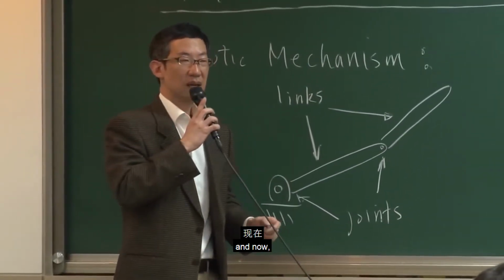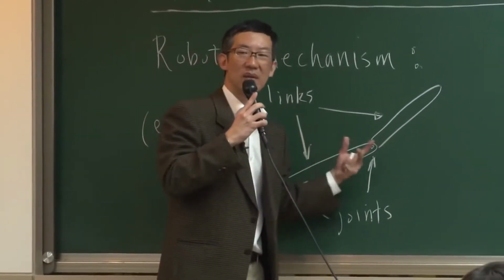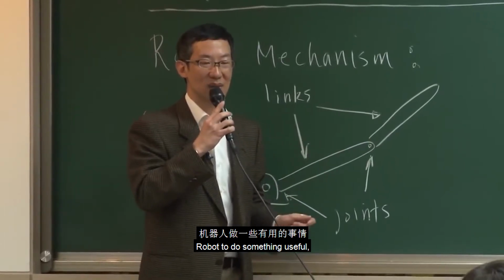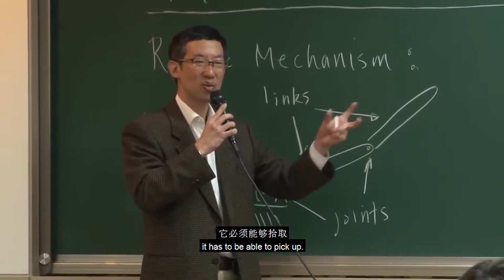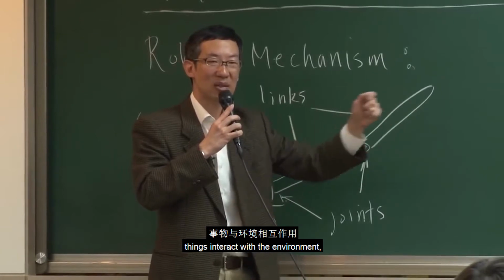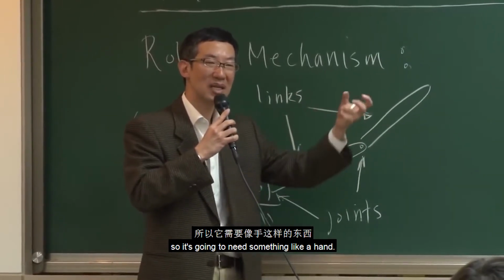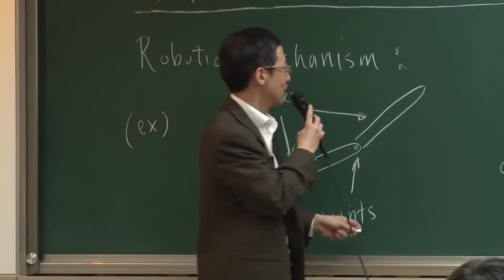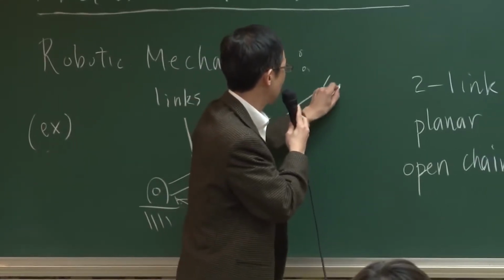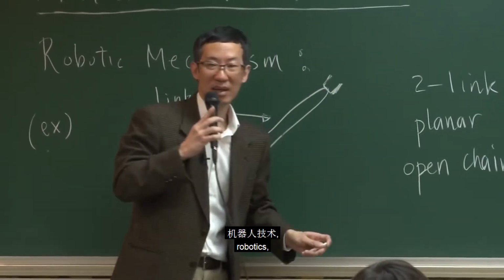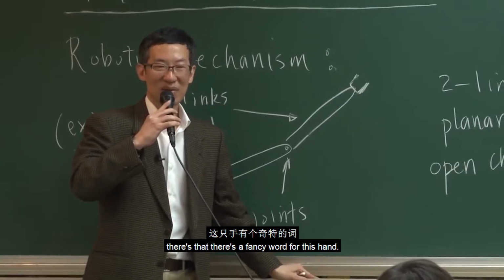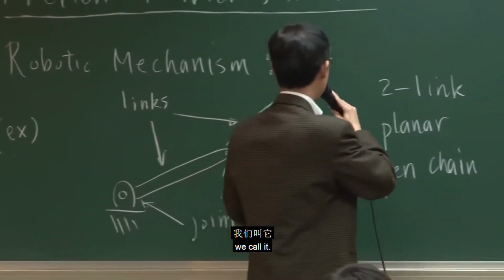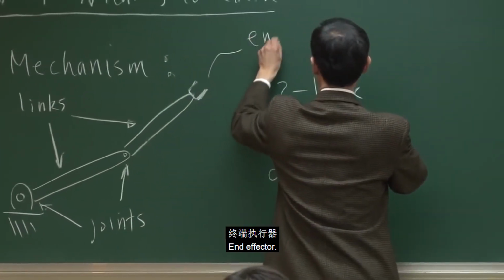Okay? Now, if we want this robot to do something useful, it has to be able to pick up things, interact with the environment. So it's going to need something like a hand, right? So let's put a hand over here. Okay. Now in robotics, there's a fancy word for this hand. We call it an end effector.